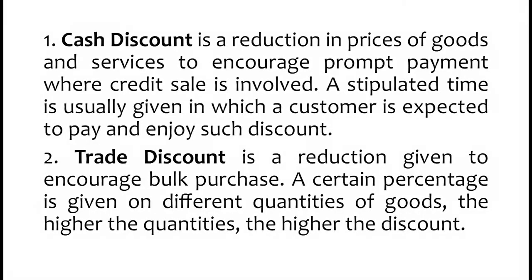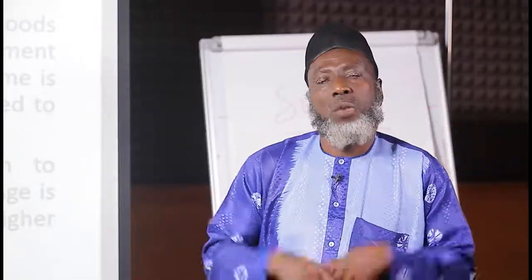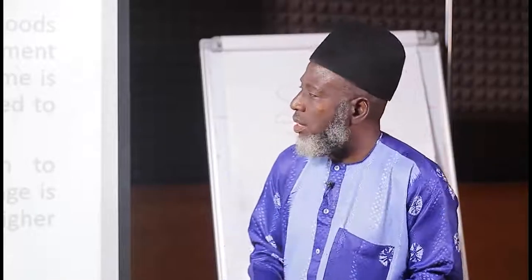This is usually given by a seller to the buyer, like we said, to encourage him to pay for the goods within a specific period of time, to pay promptly. That's talking about cash discount.